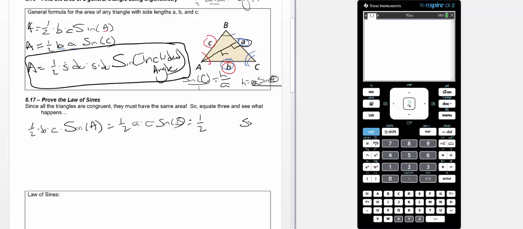Then the sides that C is included between are A and B. So since these three area formulas are three different ways to represent the area of the same triangle, they ought to be equal to each other.